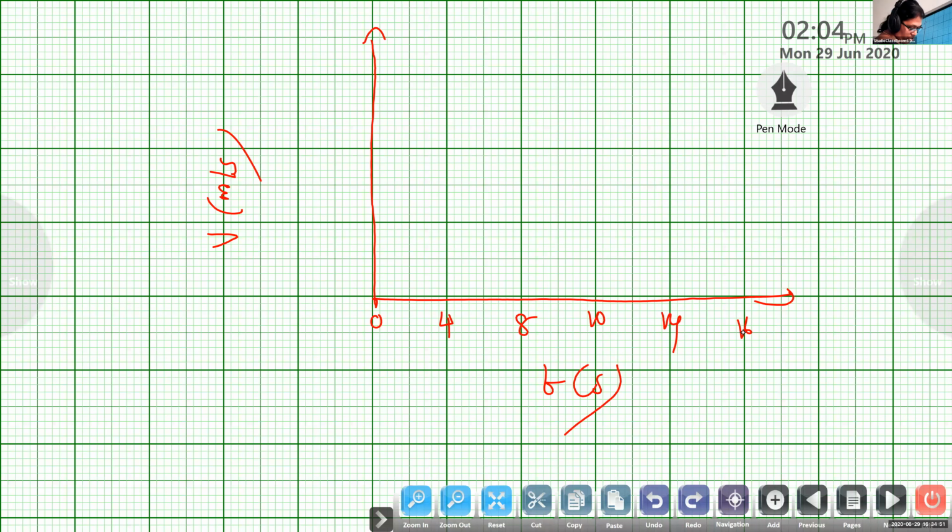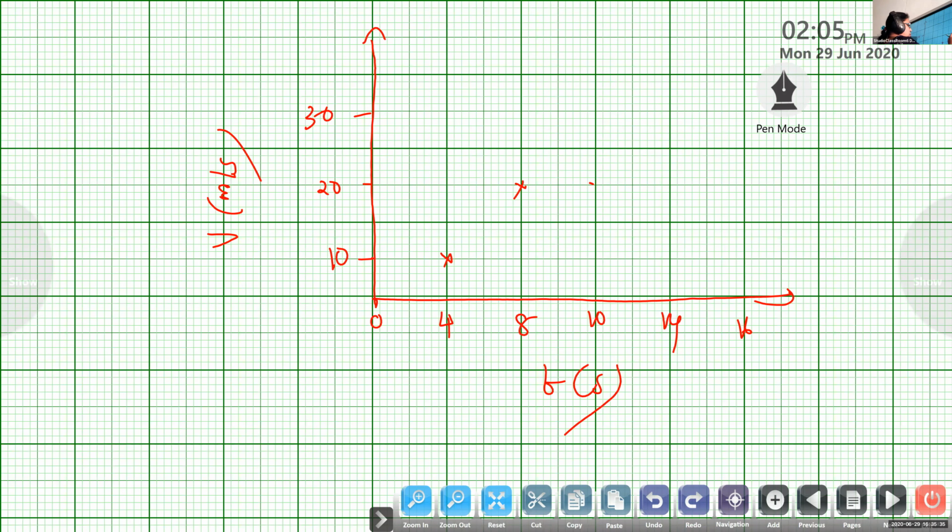So it's a non-uniform motion. Time is this. Here we take 10, 20, 30 with equal spacing, that's enough. Now we plot the points: 4 and 10, a point is there. 8 and 20, a point is there.